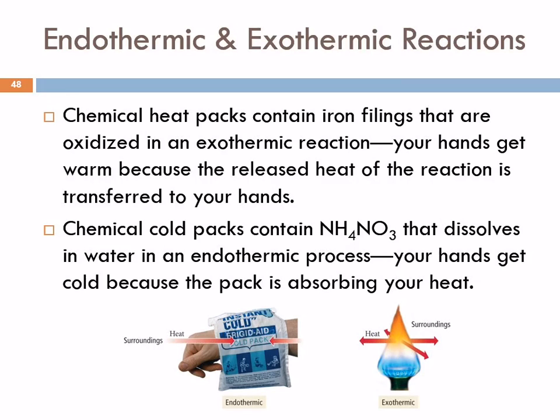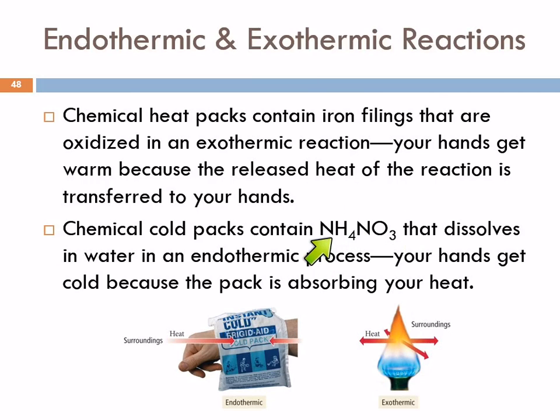So we talked about chemical heat packs at the beginning of the chapter, iron filings that are oxidized in an exothermic reaction. Your hands get warm because energy is being released into the surroundings. The reaction is the iron filings. They're releasing energy. Your hands are part of the surroundings. There are also chemical cold packs.